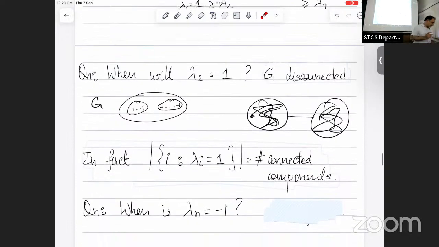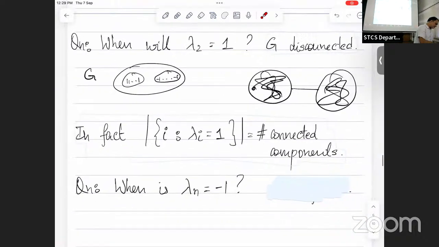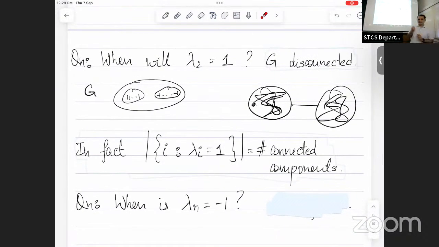Now let's come to Pavel's question, which is: when is lambda n equal to -1? This is again an example where lambda of G will be equal to 1 again. There is no gap. This is not suggesting that the graph is disconnected, because connectedness is a question of how many lambdas are equal to 1, whereas now we're talking about lambda equal to -1.